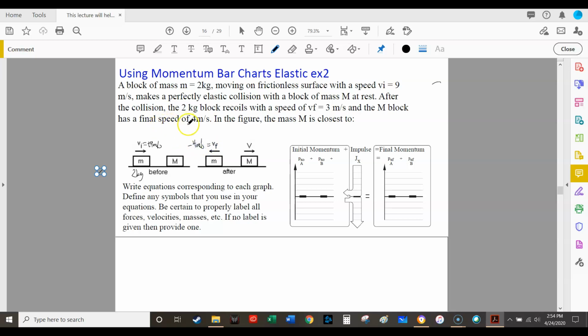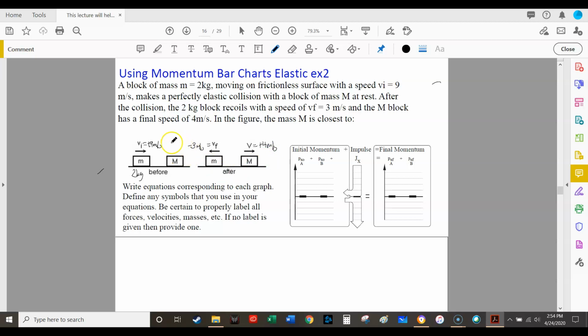It says it's going to recoil, so I'm assuming, actually it's going to recoil at a speed of 3 meters per second, while the big mass object is going to be moving to the right at 4 meters per second.